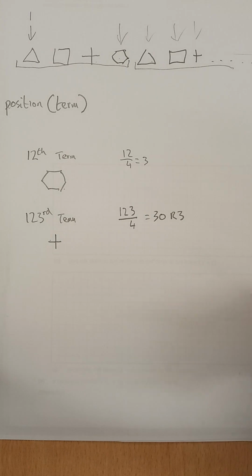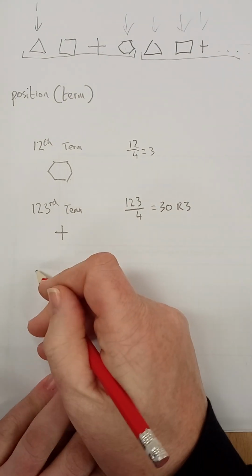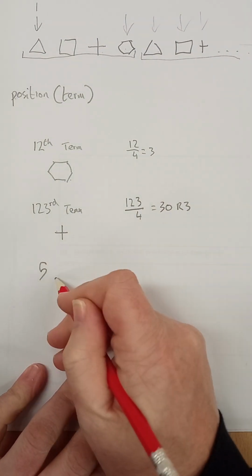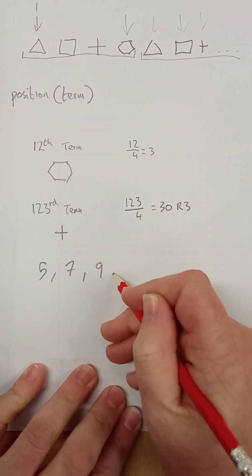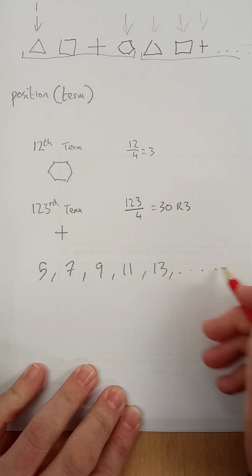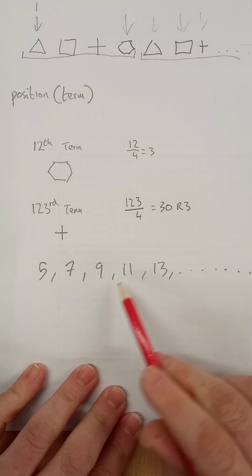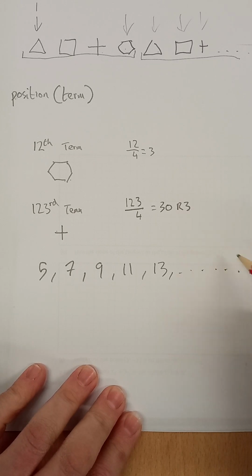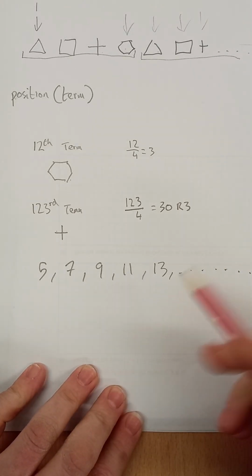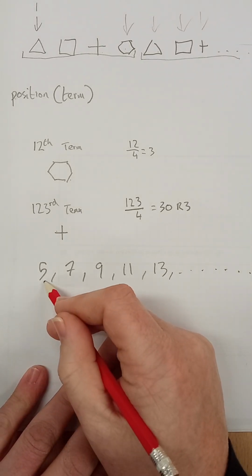Okay, so now let's have a look in more detail at how we deal with the number version of this. Let's pick a set of numbers: 5, 7, 9, 11, 13, and so on. In order to determine how to predict the future terms in this sequence, we first need to determine whether or not this is a linear pattern.